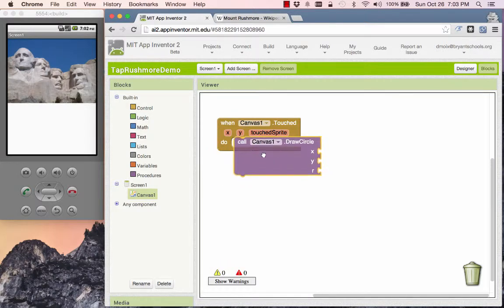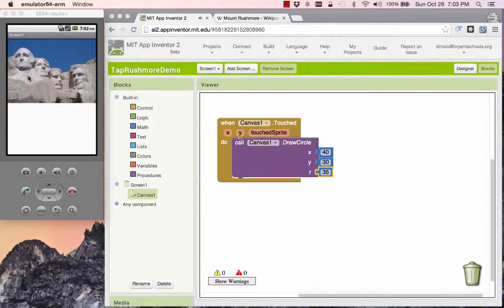One is draw a circle, and I'm going to start. I'm just going to guess and say I'm going to go 40 pixels over and 30 pixels down, and I'm going to make a radius of my circle of 35. And now when I click this, it should draw a circle, and that should approximate George Washington's face.